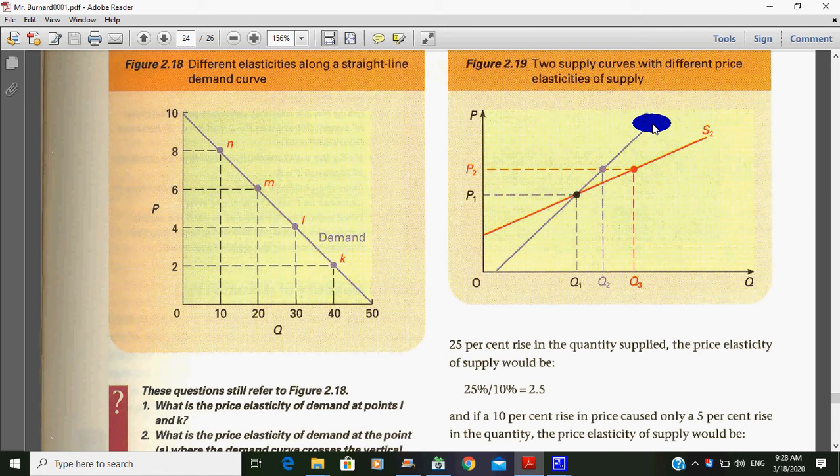Thus, when price rises from P1 to P2, watch this, there's a larger increase in quantity supplied with S2, from Q1 to Q3, than with S1, where quantity rises from just Q1 to a small amount, Q2. Notice from Q1 to Q3, the gap is wider for S2, right? Good.